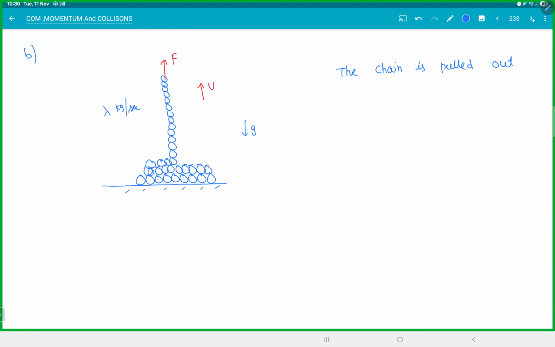The chain is pulled out vertically with a constant speed u. And let this distance be x. X is the height of the chain pulled or length of the chain pulled out.